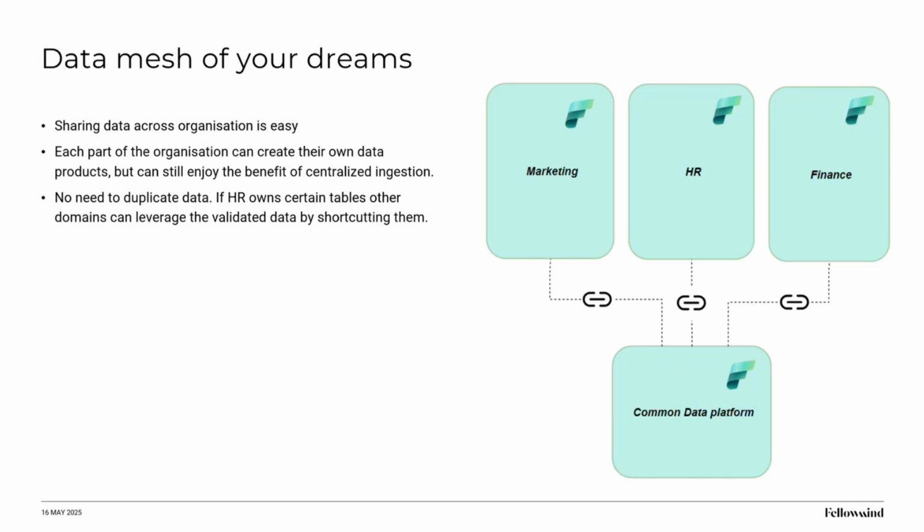So let's say finance needs something from HR, then they can also shortcut that. This is a really good way that shortcuts help with the data mesh design, because it allows you to have the one table made one time and then shared between different things multiple times.